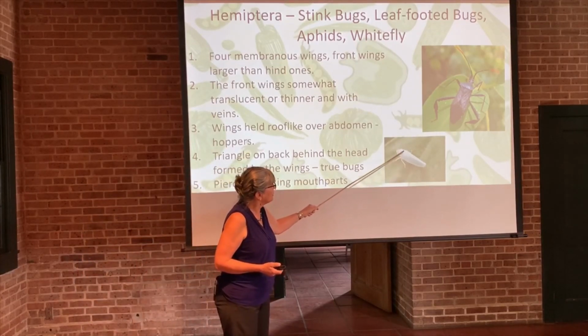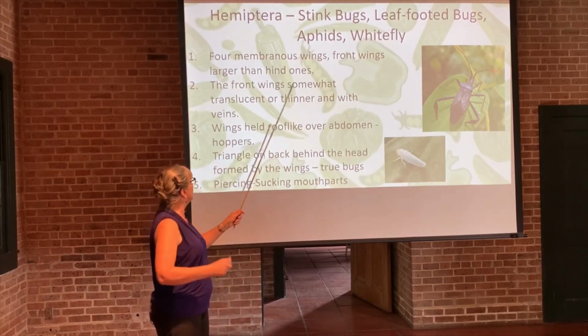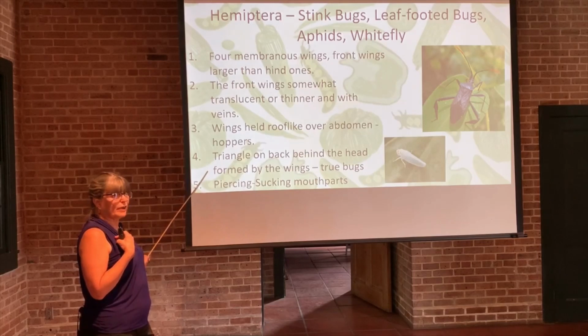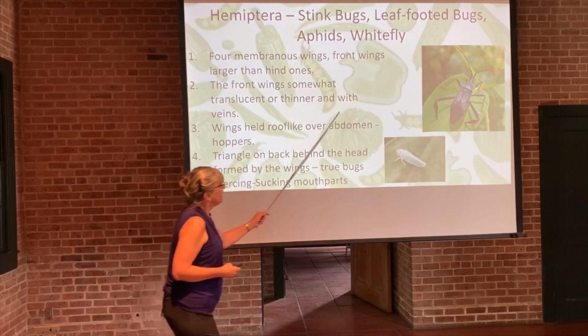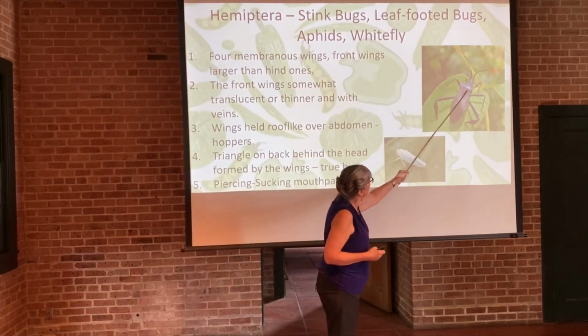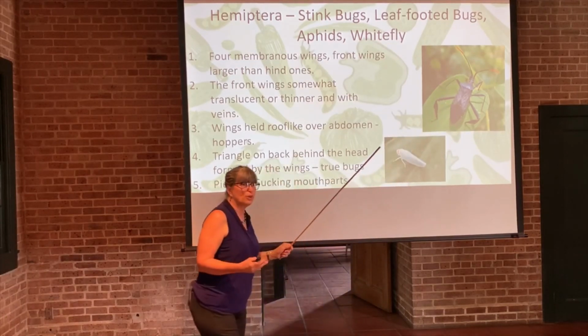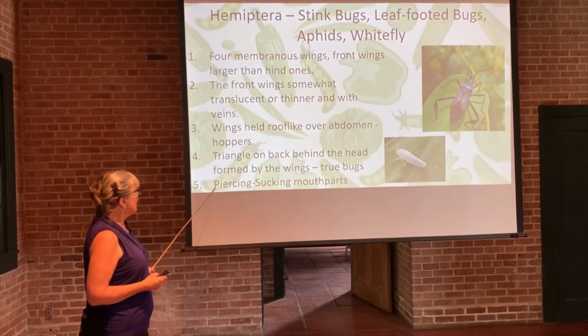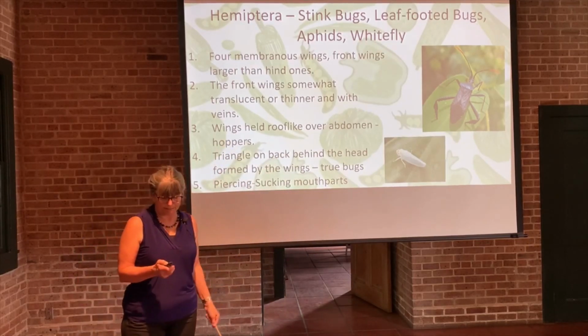Here's a leaf hopper with the wings held kind of like a little tent over the body. The easiest thing for me to recognize Hemiptera is they have a triangle on their back, right here. A little triangle. So if you see a squash bug or something that you might already recognize, you look for that little triangle. And they have piercing or sucking mouth parts.